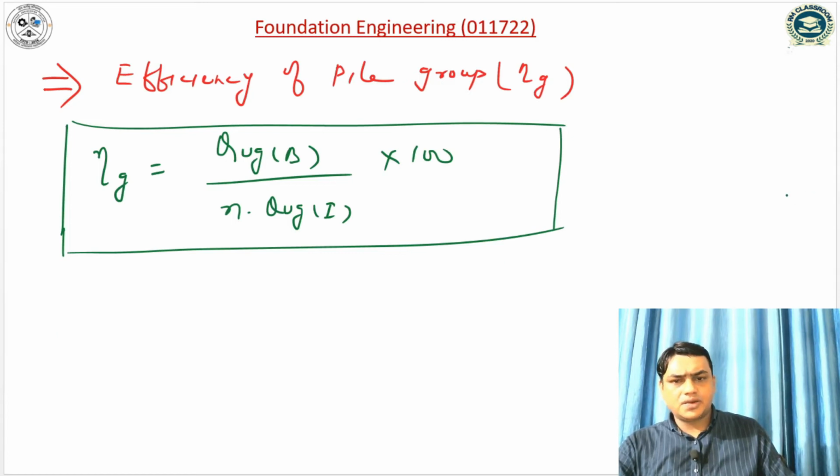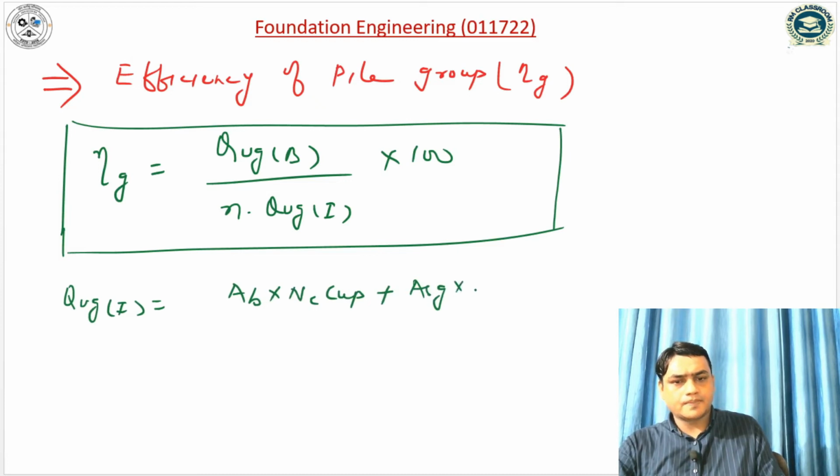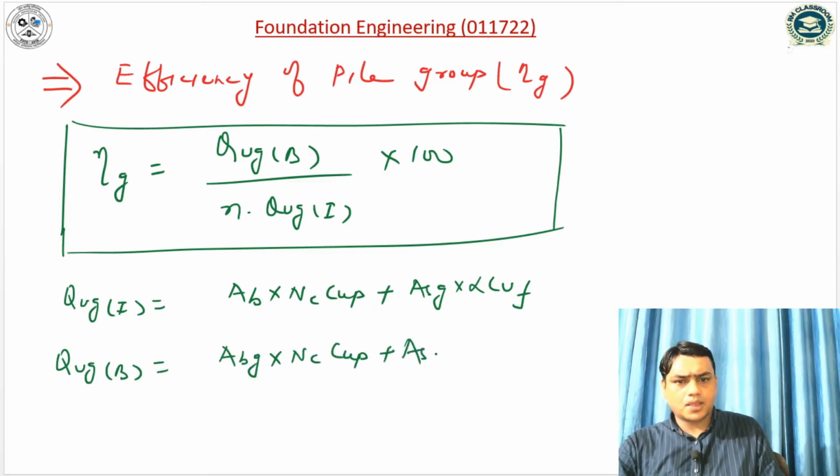We have already discussed that QUG individual is equal to AB into NC into CUP plus AS into alpha into CUF, and similarly QUG block is ABG into NC into CUP plus ASG into alpha into CUF.